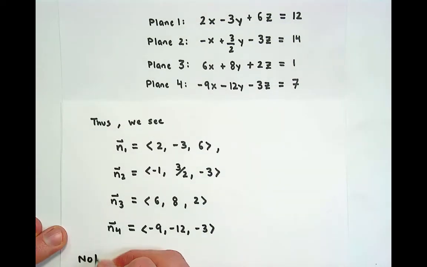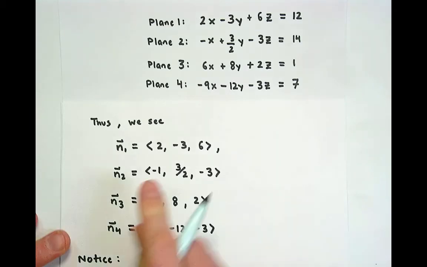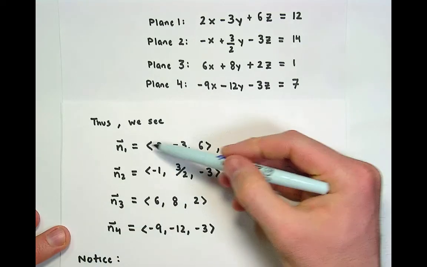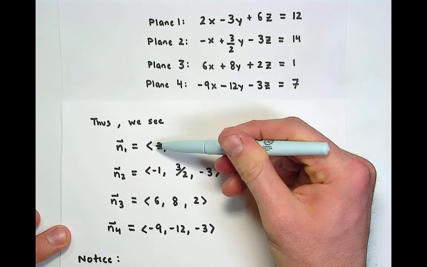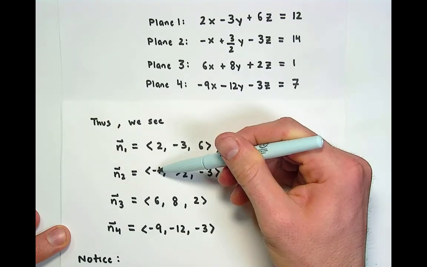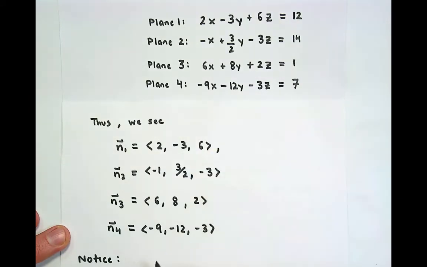And we can notice something quite interesting. To get from 2 to -1, I would have to divide by -2. So if I were to look at n1 times -1/2, this would be -1/2 times 2, -3, 6.